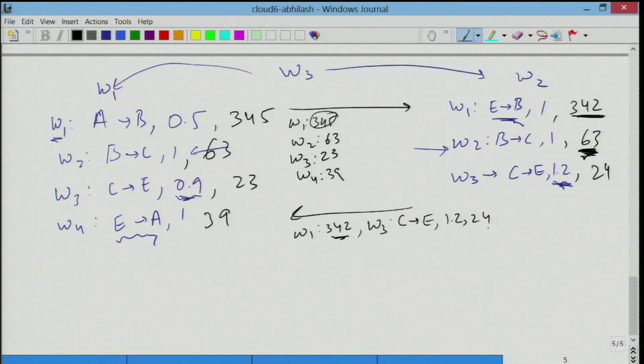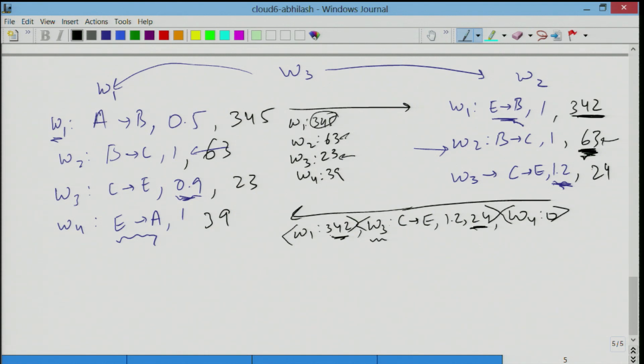And I also need information about W4 because I don't know anything about W4. So it sends information about W3 because 24 is greater than 23. It doesn't send anything about W2 at 63 because the clocks are the same.